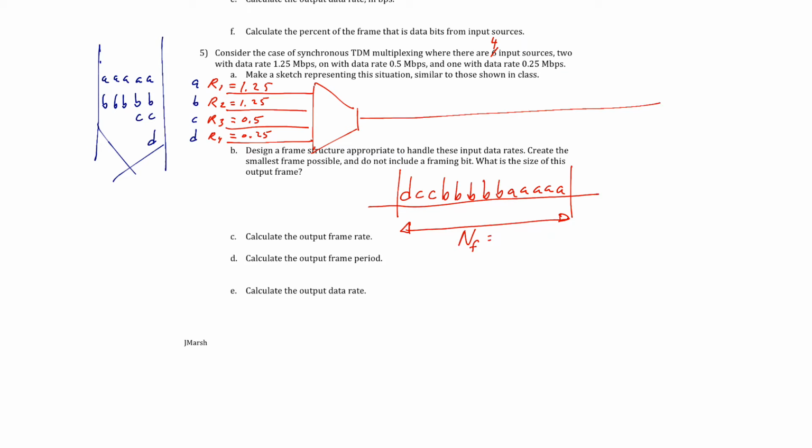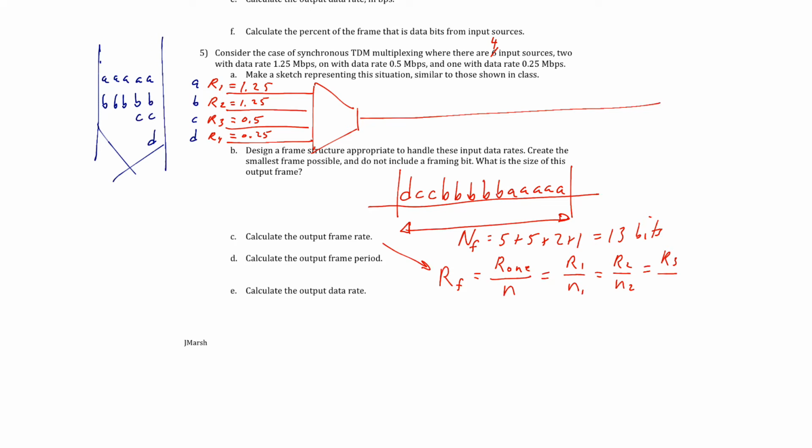Okay, the output frame rate. Now, we're going to use the same equation that we did before. The output frame rate is the rate of one of the inputs divided by the number of bits in the frame from that input. But now we've got multiple different input speeds, and so that complicates things. But what we can do is say that for any one of these inputs, R1 over N1, R2 over N2, through R4 over N4, this has to hold for all 4 of the input sources.